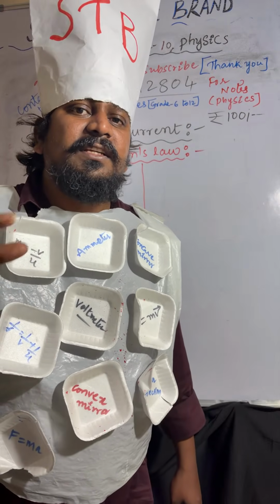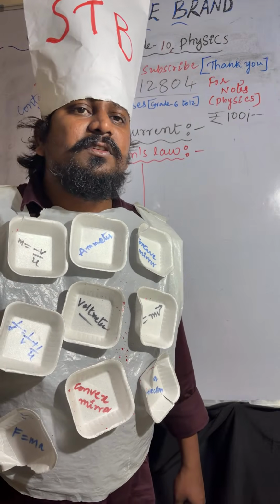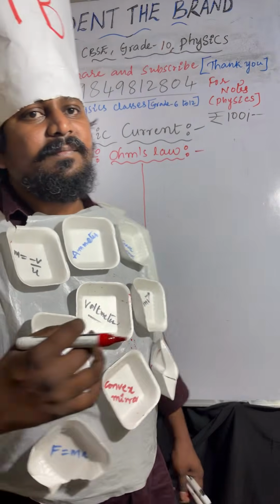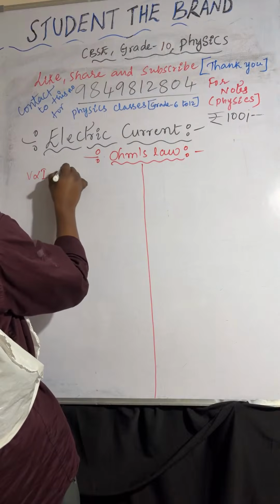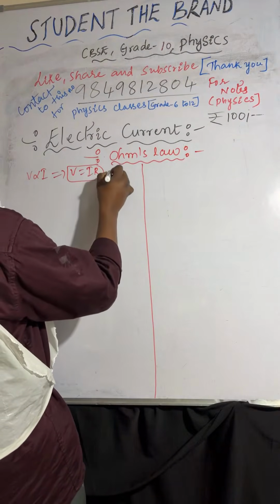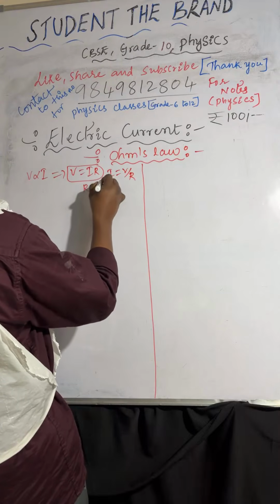V is directly proportional to I, so V equals IR. So I equals V by R and R equals V by I.